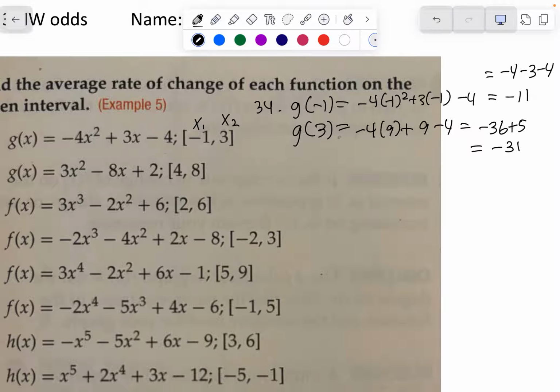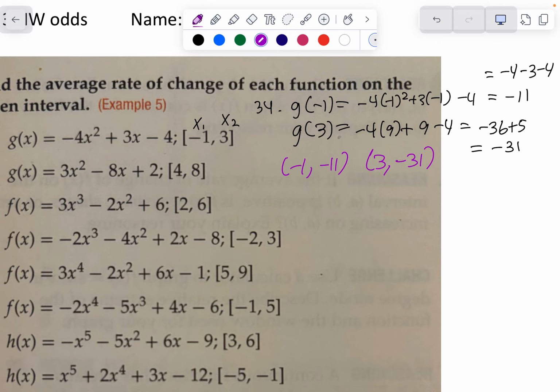Now that we have our points, now let's talk about our points. I plugged in -1, I got -11. I plugged in 3, I got -31. And did I do that right? Yeah, I think so. Yeah, okay. So now that we've got our points, it's just the slope formula.